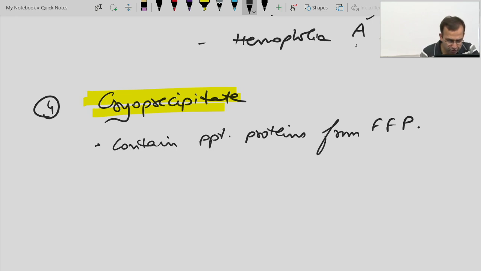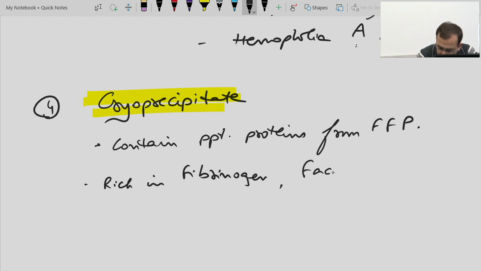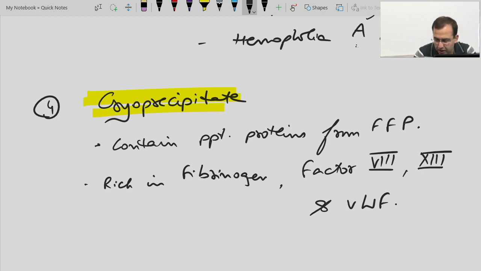So they are rich in fibrinogen, factor 8. FFP was deficient in 8. This is rich in factor 8, factor 13 and von Willebrand factor. This is important, what all things cryoprecipitate is rich in.